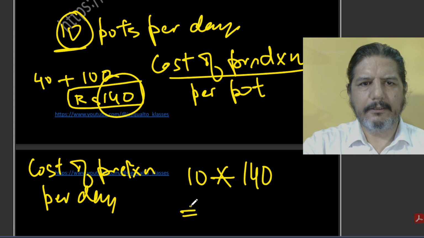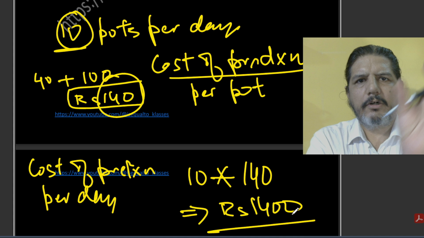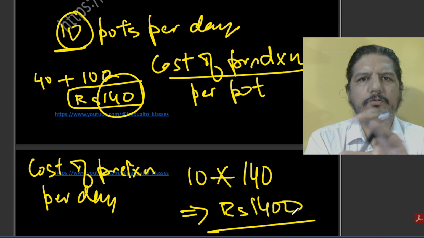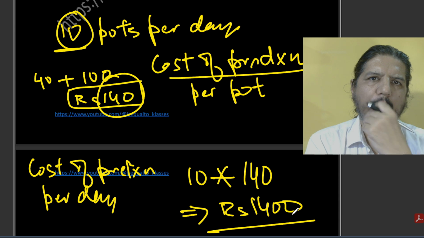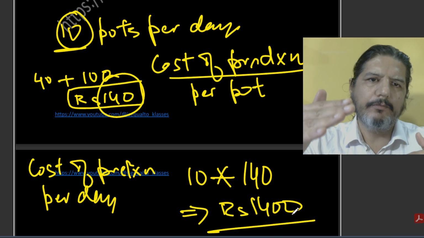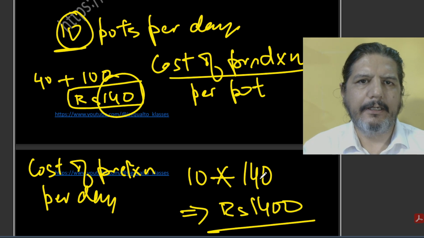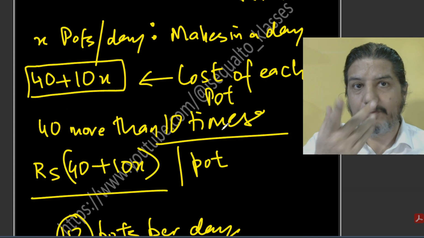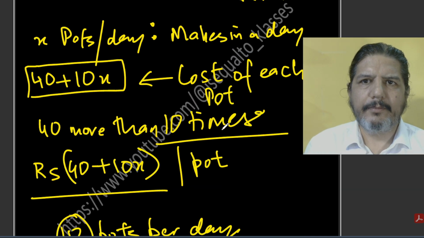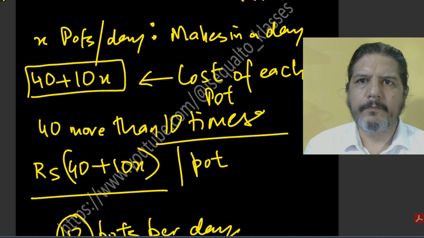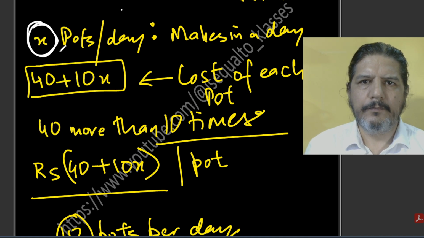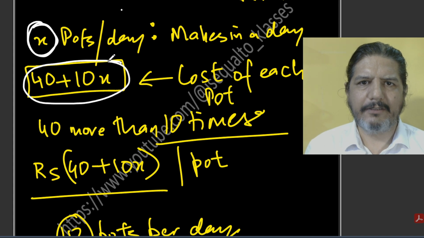So in this random example of ours, his cost of production of 10 pots is rupees 1400. This is just to illustrate the question, because with numbers it becomes easy to understand. But we have to make the equation in terms of algebra. So in terms of algebra, he makes x pots per day, and the cost of production per pot is 40 plus 10x.